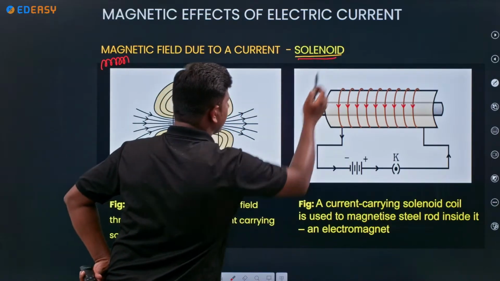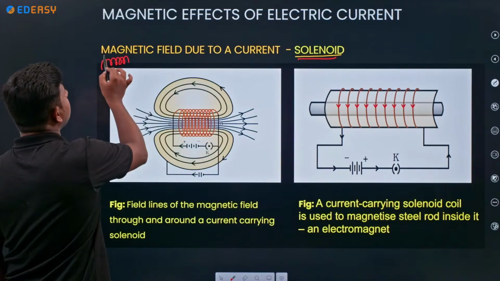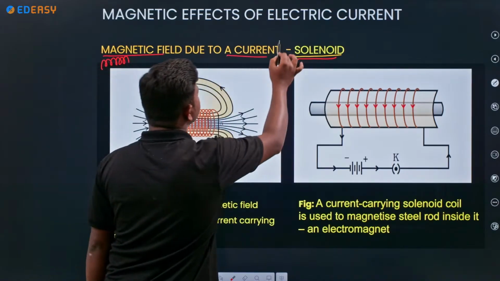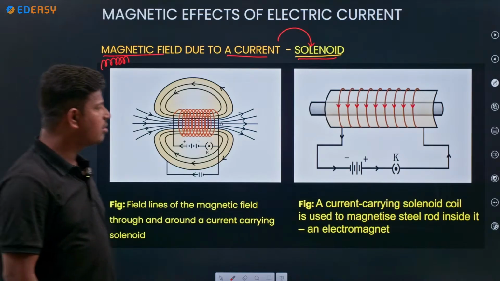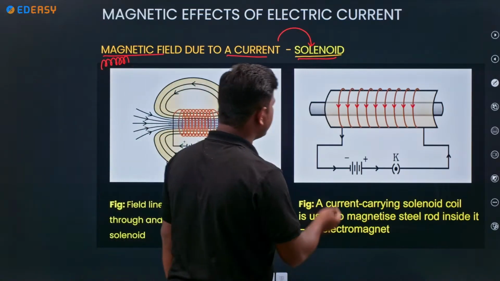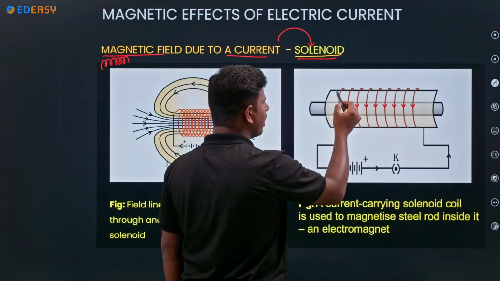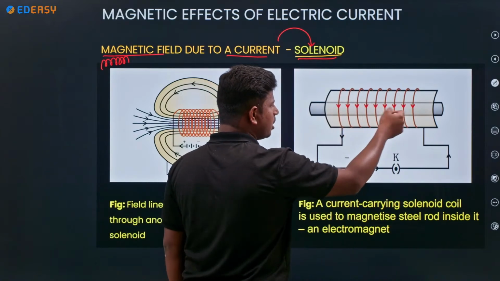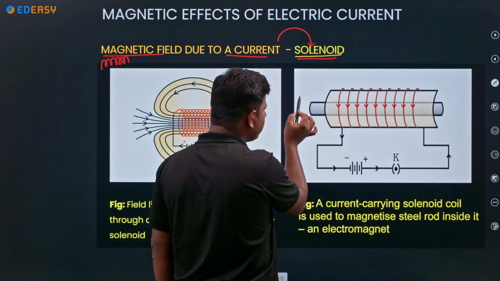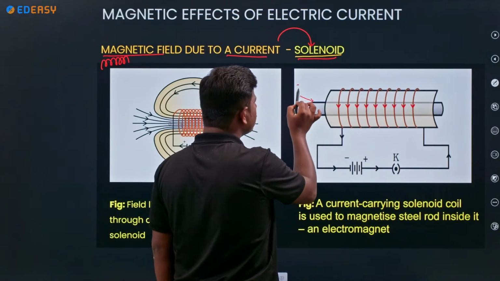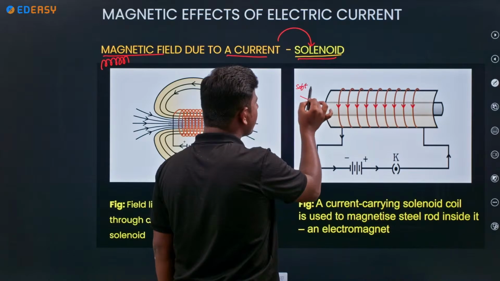See, if you take a solenoid, magnetic field due to a current-carrying solenoid. Here I am taking a wire winding like this, okay, and in between the wire they placed soft iron.